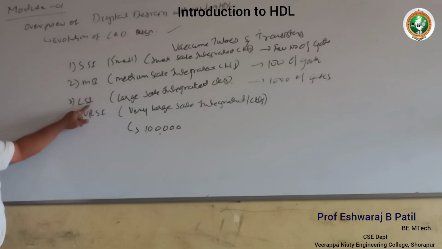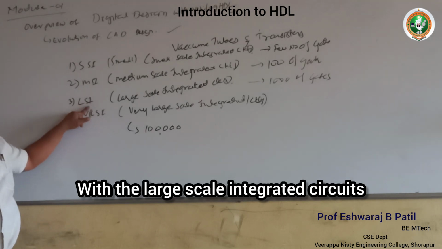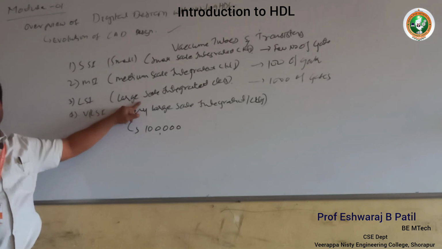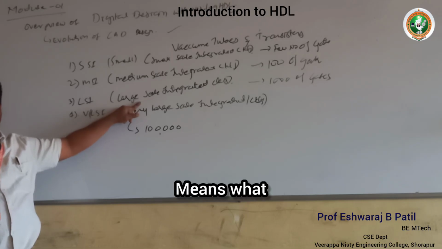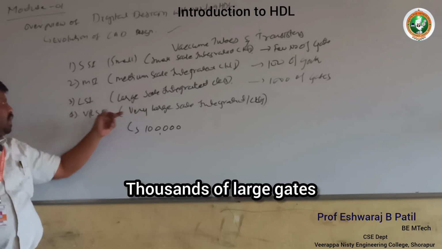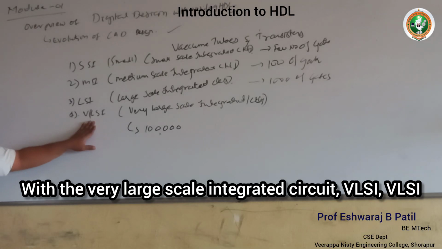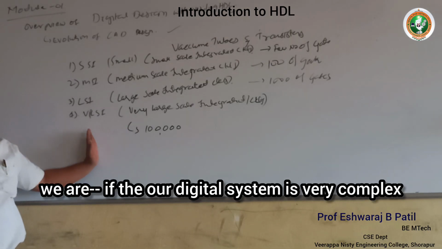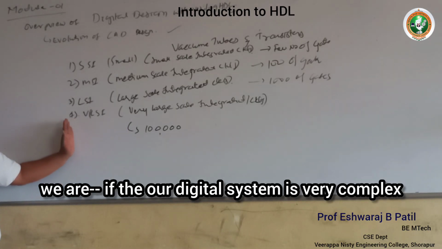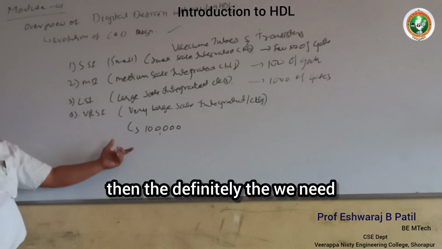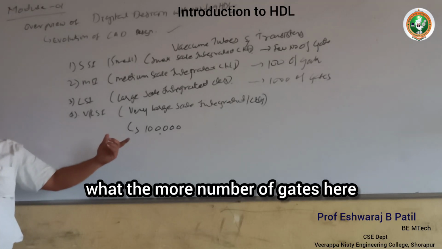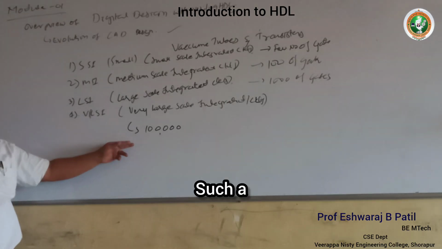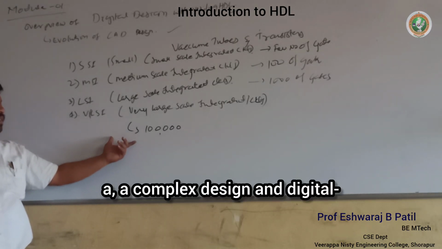With large scale integrated circuits we use thousands of gates. With very large scale integrated circuits, VLSI, if our digital system is very complex, then definitely we need a larger number of gates, such as in a complex digital design.